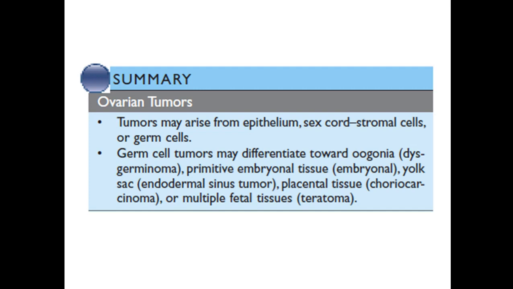The germ cell tumors differentiate towards oogonia, primitive embryonal tissue like the yolk sac, which gives rise to the endodermal sinus tumors, and the placental tissue syncytiotrophoblast, which will develop into the tumor choriocarcinoma, and the teratoma, which will contain elements from all three germ layers, and they are also known as the monster teratomas.